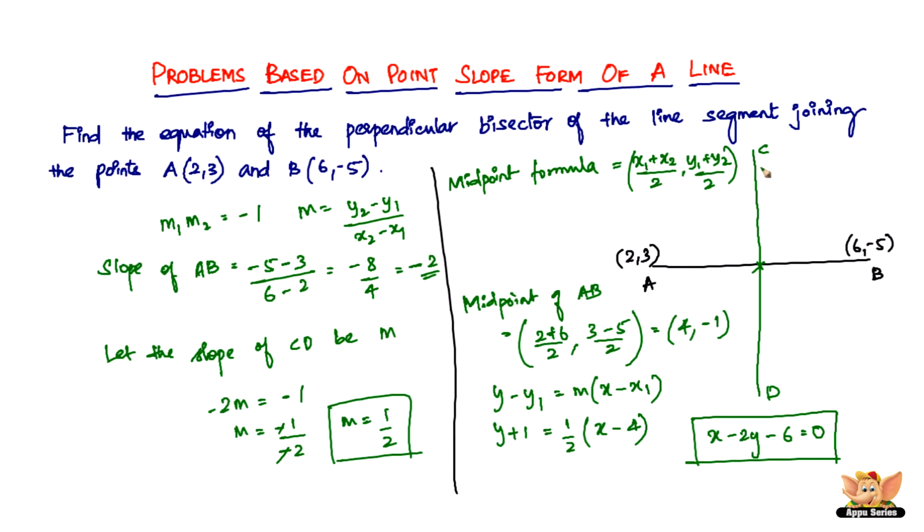It is passing through AB, and it is also said in the question that it is a perpendicular bisector, which definitely means that it will pass through the midpoint of that line, and the midpoint can be easily found, so you have to remember the midpoint formula as well. Once you get the midpoint, you've got both the data needed to find the equation of that line. Then you just substitute in that form, and you get the equation. Alright, so that ends this problem as well as this video. I will see you in the forthcoming videos with more problems based on the point-slope form of a line.